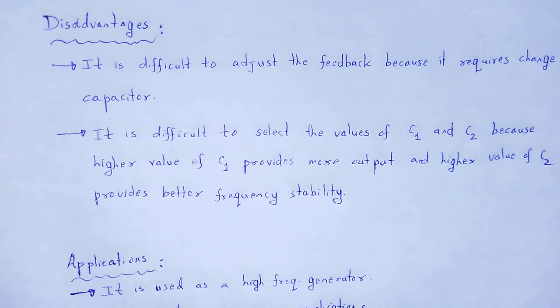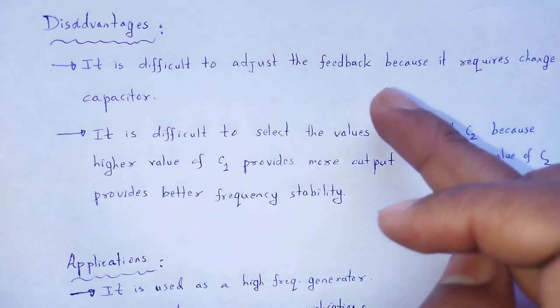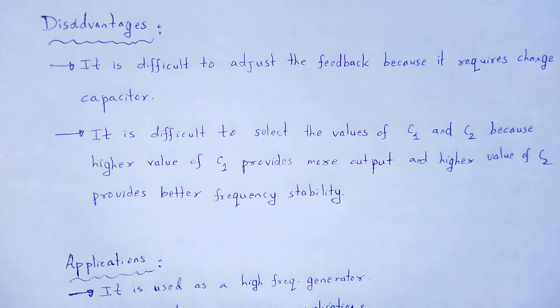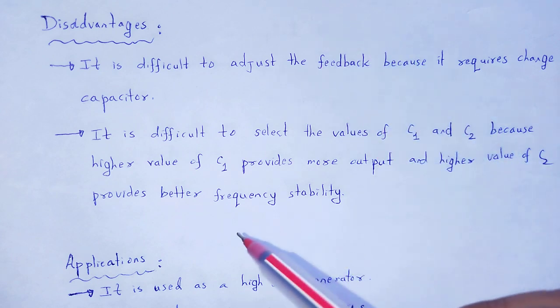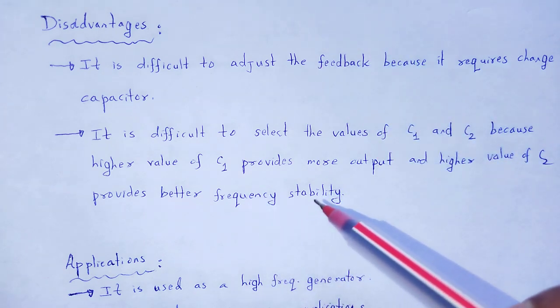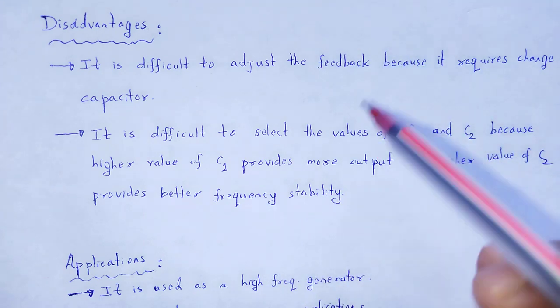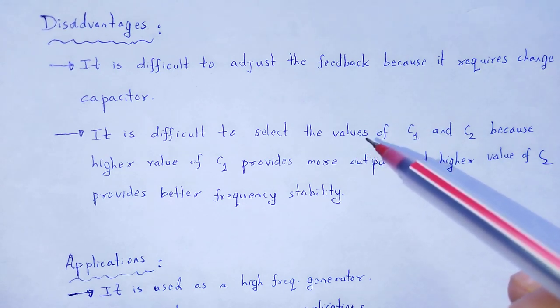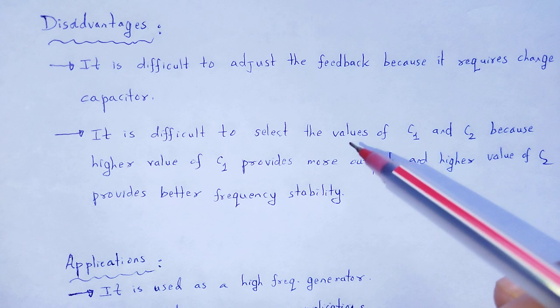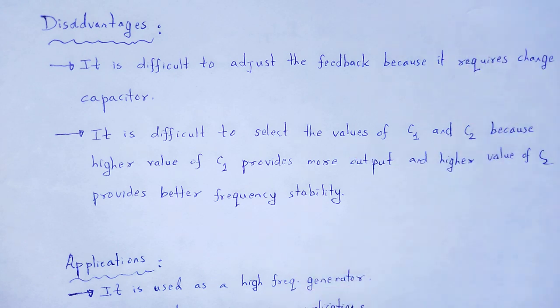These two are the disadvantages. As C1 and C2, the capacitances are varying, therefore, in case of feedbacking situation and proper frequency stability, it's not more convenient to use. So these two are the disadvantages of that type of oscillator.